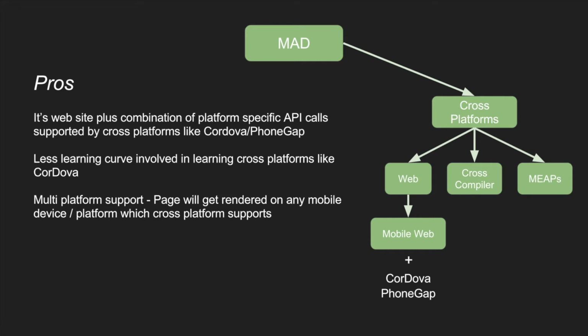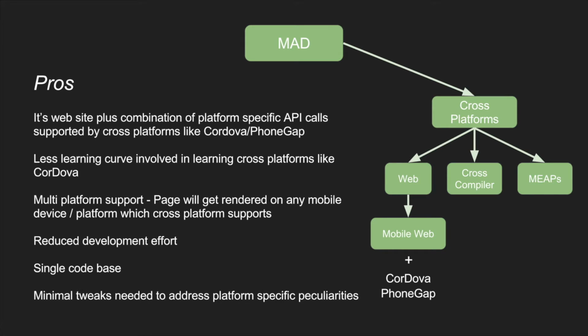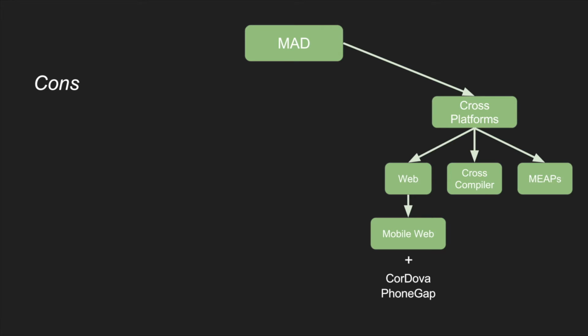And you can still support multiple platforms. The page will get rendered on any mobile device or platform which supports the cross-platform tool, which also means there is only a single code base. There are very minimal tweaks required to make sure that the app works on multiple platforms. But it doesn't mean that this is the silver bullet. There are disadvantages as well.